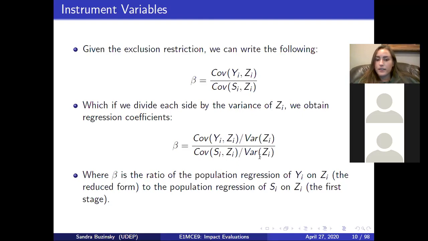And then the bottom would be the regression of Si on Zi, and that's called the first stage, okay? So the first stage is always our instrument variable on our independent variable, and our reduced form is always our instrument variable on our outcome variable. I'll write that down.